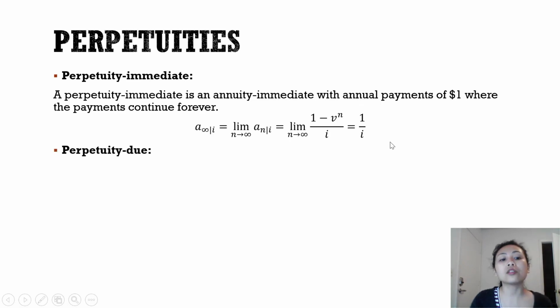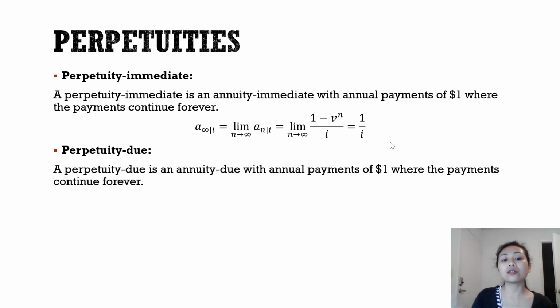And we have perpetuity due. Perpetuity due is an annuity due with annual payment of $1 where the payments continue forever. So similarly, we are going to take the limit of annuity due.